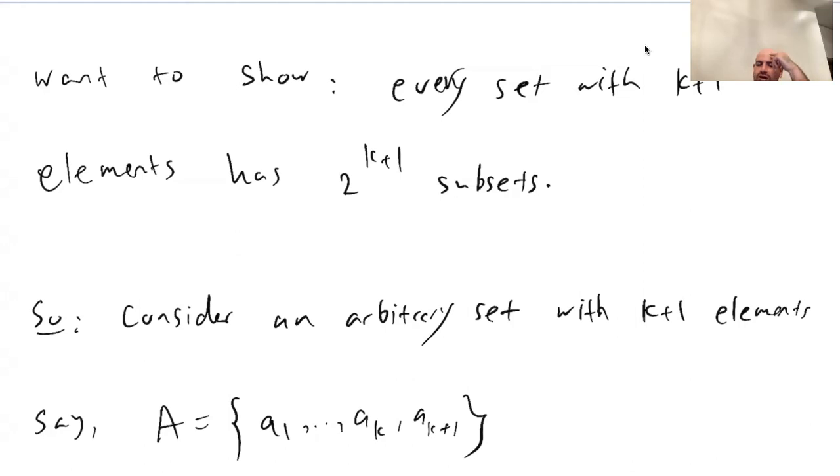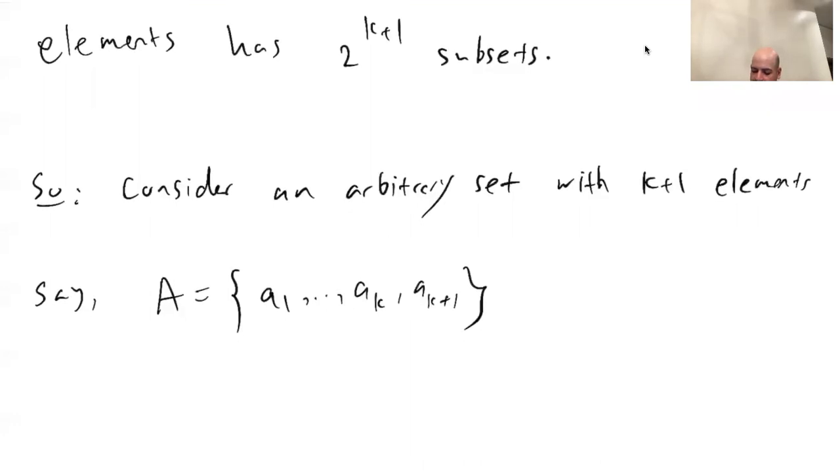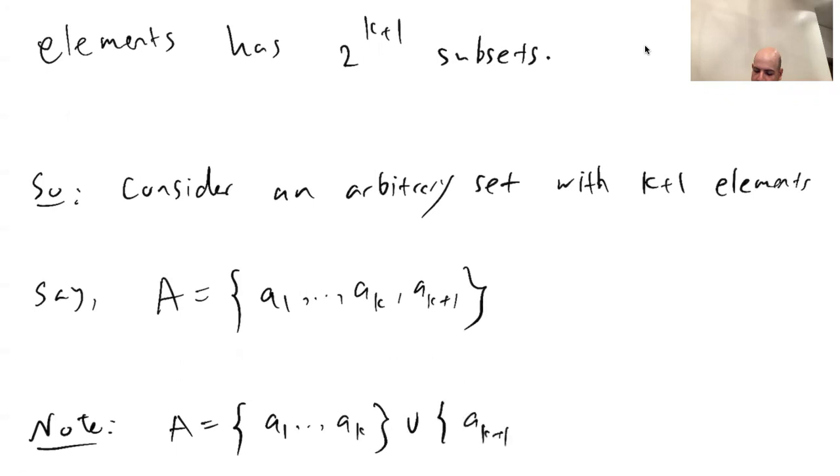So what is the connection? This set with k plus 1 elements, we can write A as A1 to AK, union AK plus 1.